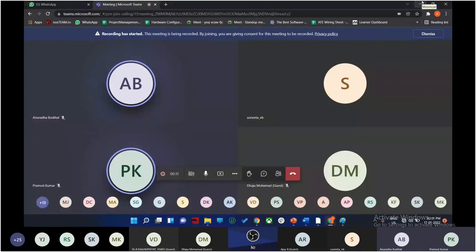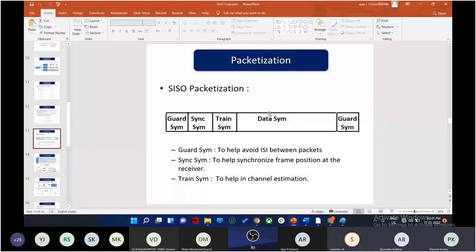We can see the screen now. PPT is also visible. Okay, thank you.